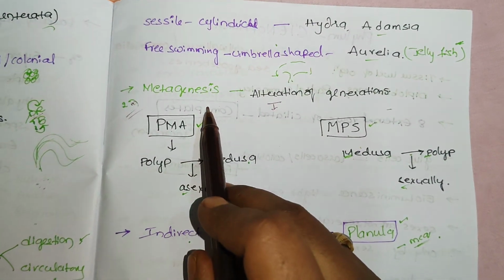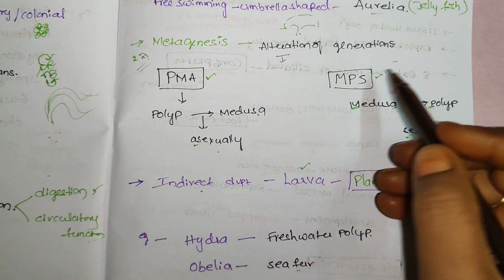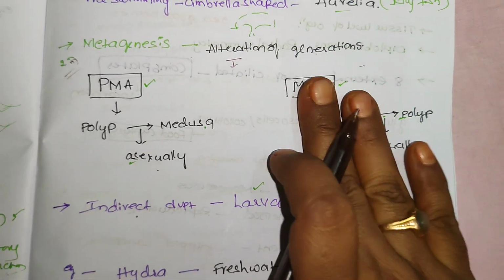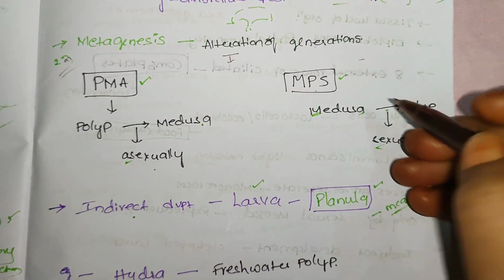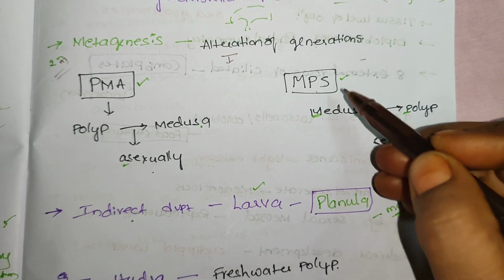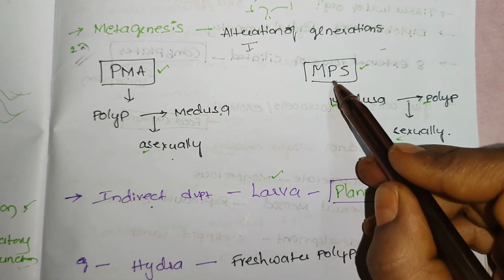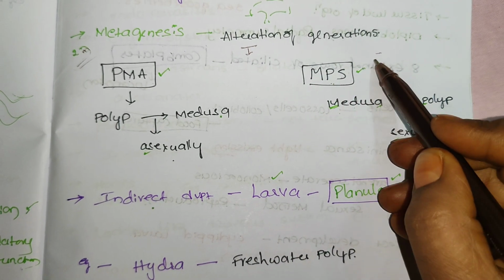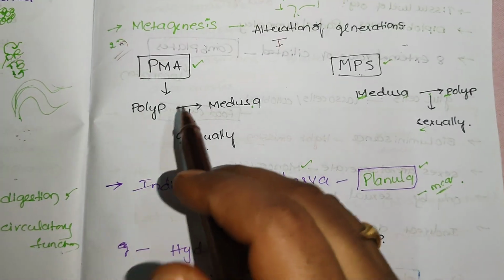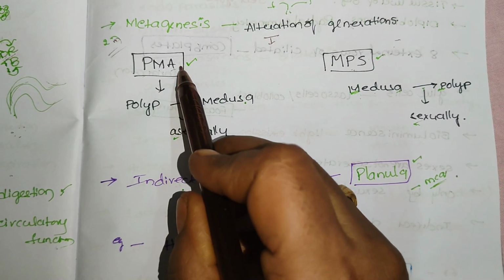That is called metagenesis. So here is a code, PMA or MPS. You have to remember this, automatically it will come. MPS, right? You have to remember MPS. Medusa altered into polyp by sexual. And opposite, polyp turned into medusa by asexual.